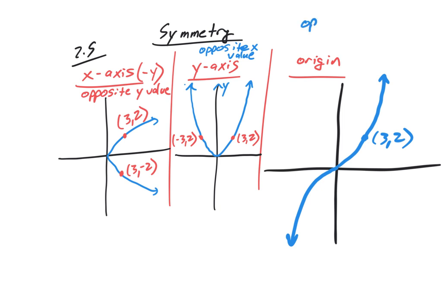So it's going to have the opposite x value and the opposite y value. It's going to have both of those. So this point down here would be -3, -2.